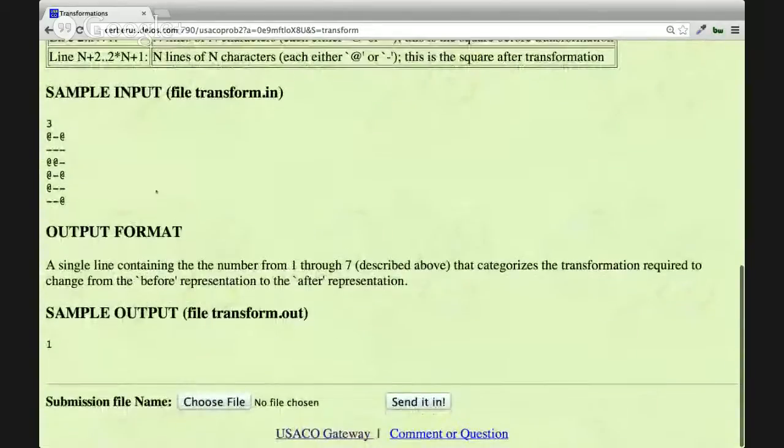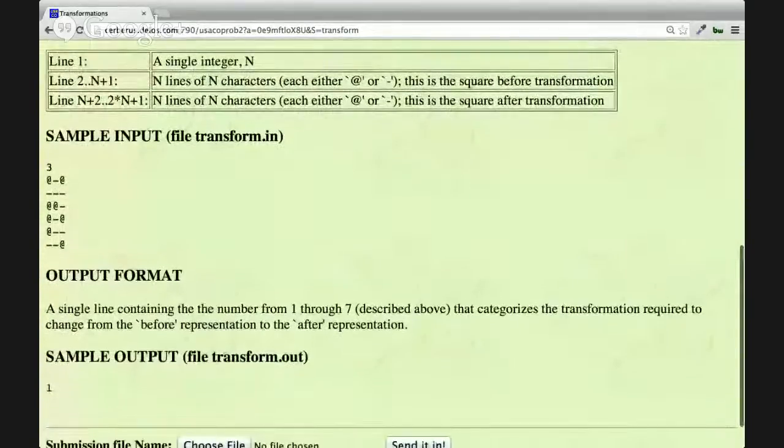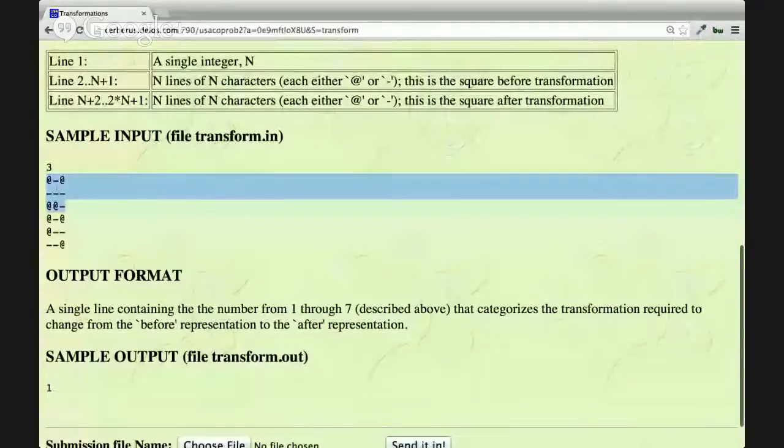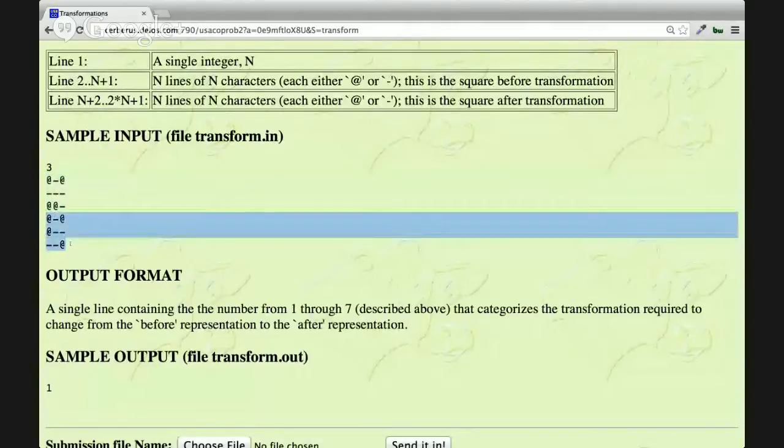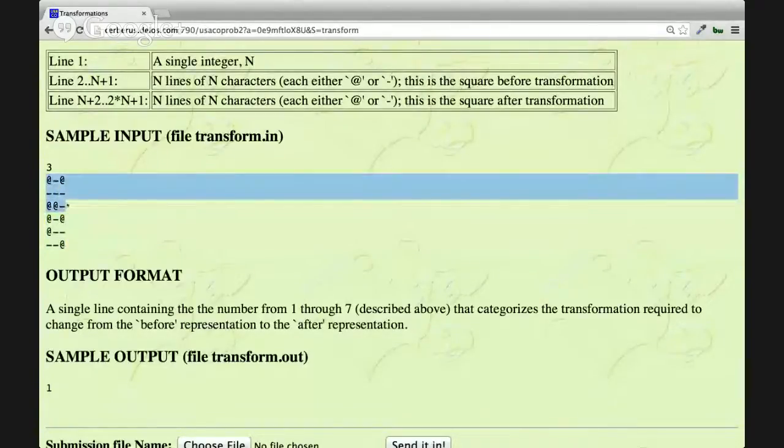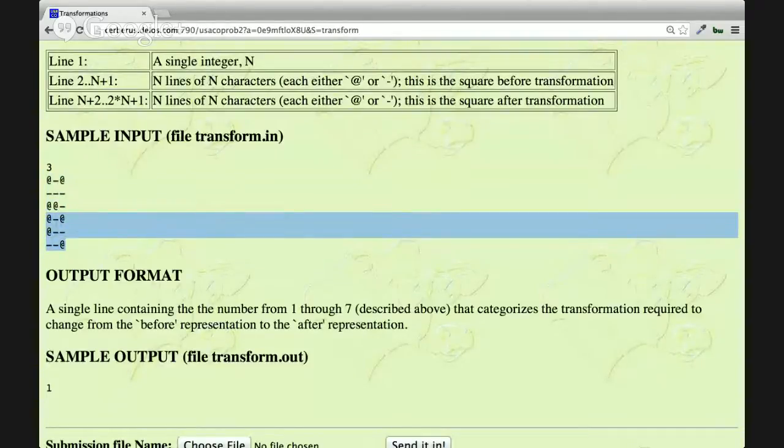So the sample output is something like this. You can see here, this straight line is the original matrix given by the input. The next straight line is the sample output of the transformation. So our job is to find out which transformation turns this original matrix into this output.